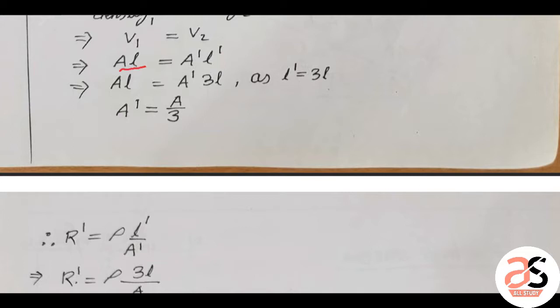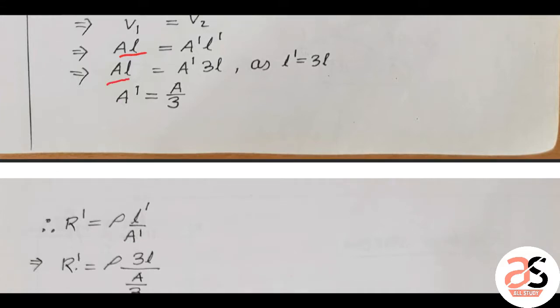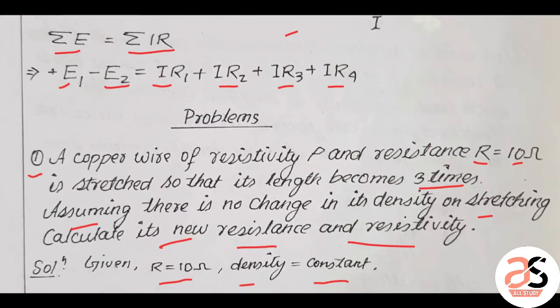Now V1, V2, volume is area into length. Suppose the new area is A dash and the length is L dash. Here this is AL, and the length is changed by 3 times. And the area is also changed, as given in the question.